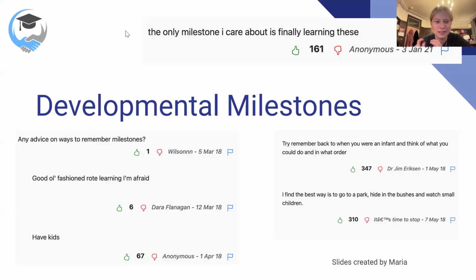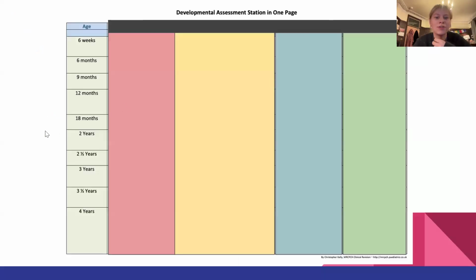So first of all, what I would suggest is getting a piece of paper at home and just making a sheet of all the developmental milestones. And then maybe if you want to do that now, feel free and we can fill it in as we go along. But the first question, I guess, is what are the 4 main developmental milestone groups that we assess? I know there's not that many students on the call now.